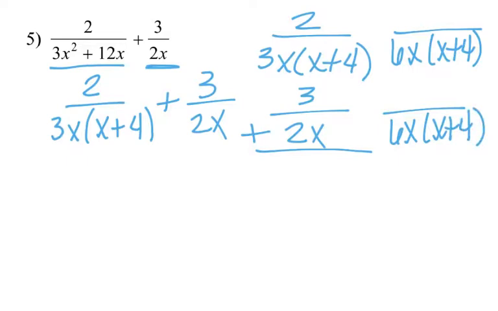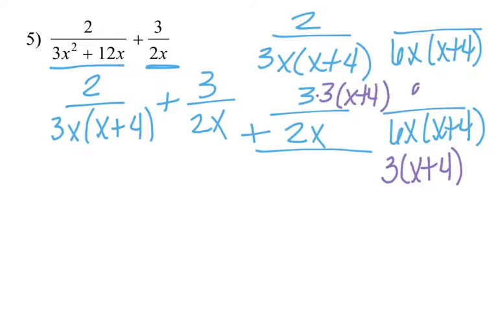Okay, so now think back, like we were talking about, to when you have done fractions before, okay? So now we have to say, what do you have to multiply 2x by to get 6x times x plus 4? Well, you have to multiply it by 3 times x plus 4, right? So that's what we're going to multiply your numerator by.